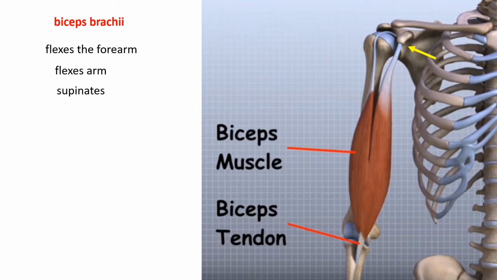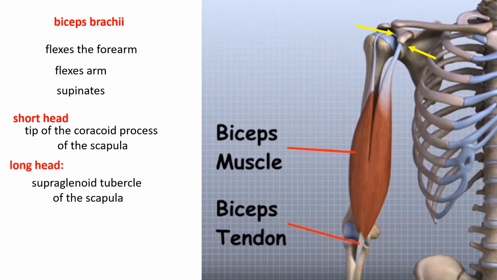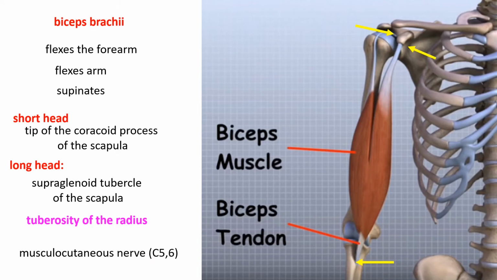That's the short head, and the short head is coming from the tip of the coracoid process, and this is the long head that comes from the supraglenoid tubercle of the scapula, and this is the insertion of the biceps brachii on the tuberosity of the radius, and it is supplied by a nerve to the anterior compartment called the musculocutaneous nerve.